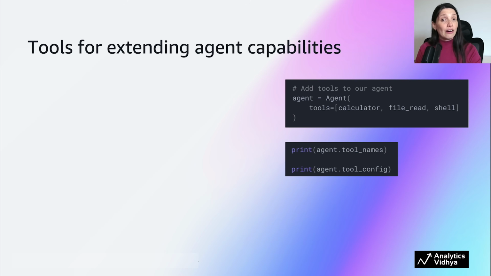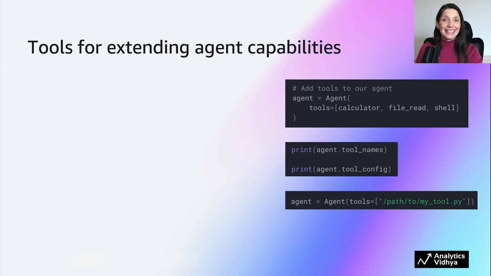Tools can also be loaded to the agent by passing a file path to our agents during initialization. And Strands offers built-in example tools to get started quicker. Strands also offers Python tools, or custom tools. You can build your own Python tools using the Strands SDK's tools interface.